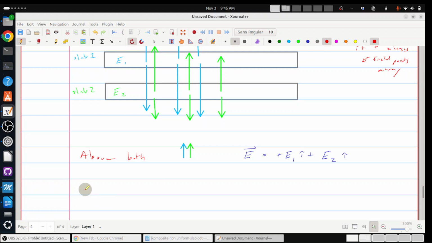If I am in between both of them, then my E1 was pointed down, but my E2 was pointed up. So I'm going to have minus E1 I-hat plus E2 I-hat.